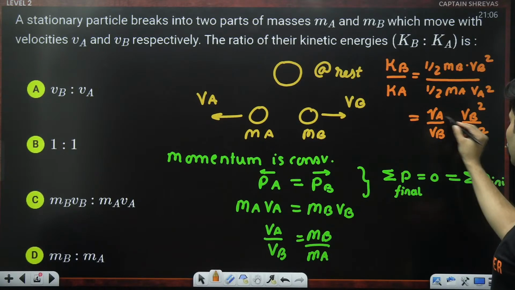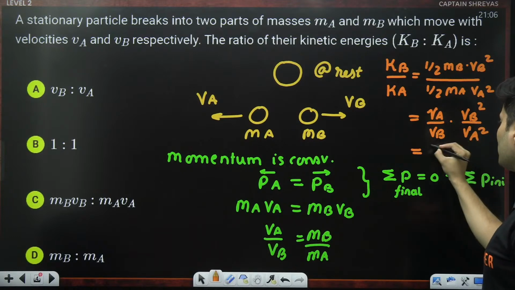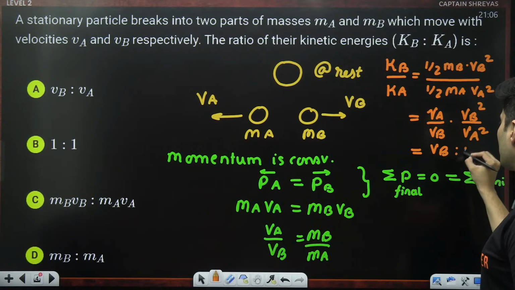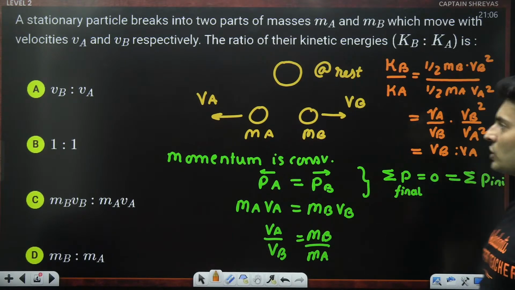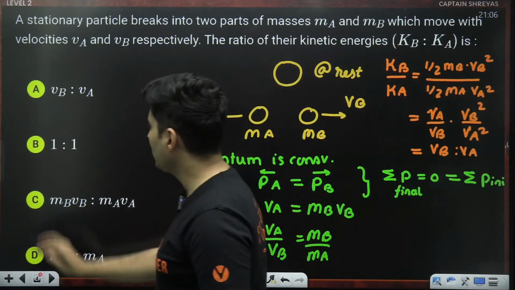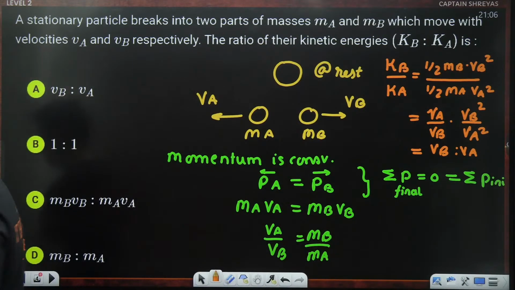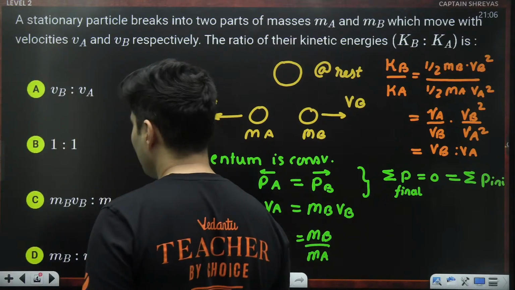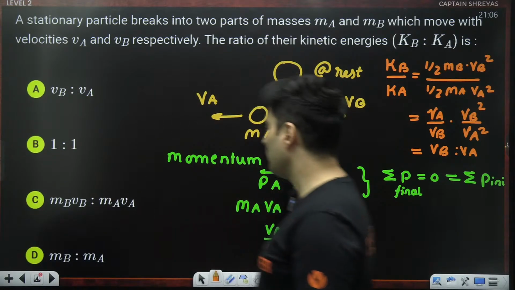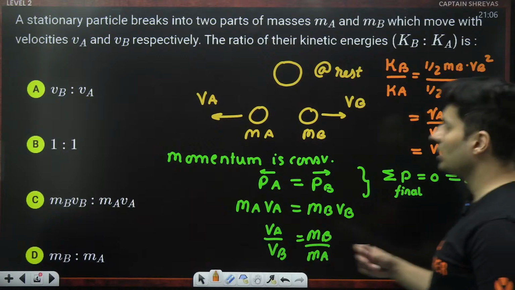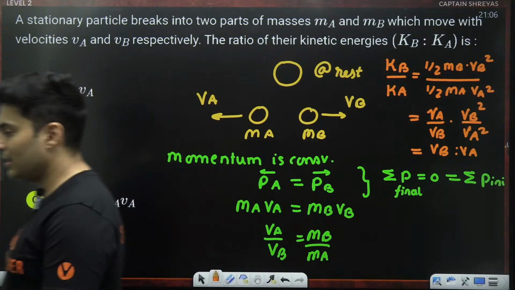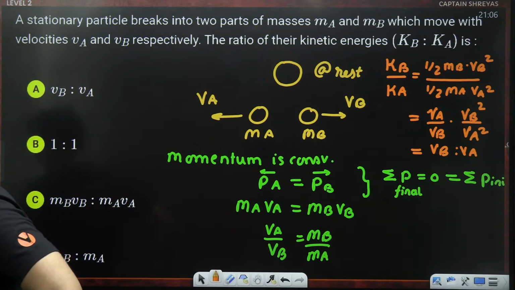Va, Vb cancels. So I'm just left with Vb is to Va, which is option number A, the correct answer. No, it is not C, it is not B, it is not 1:1, it is not D also. Mb is to Ma, no, it doesn't work out. So it is definitely option number A.